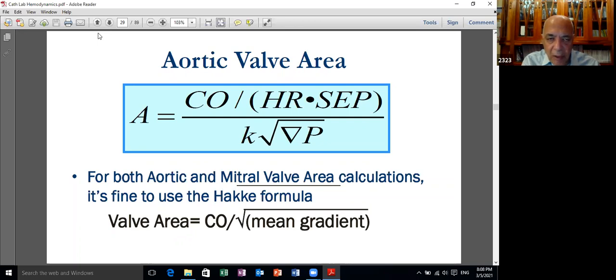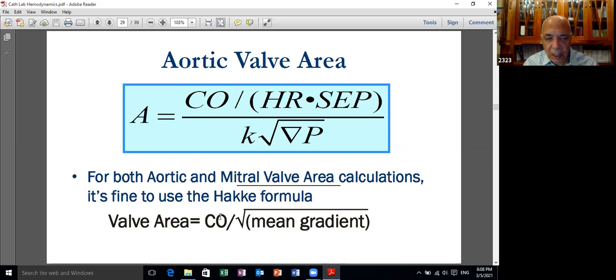Actually, I don't think it's important to remember this formula anymore, because we have a simple formula which is very applicable and almost as precise as the Gorlin formula. Both of them, of course, have fallacies, and the Hakki formula applies equally well to the aortic valve area calculation and the mitral valve calculation.